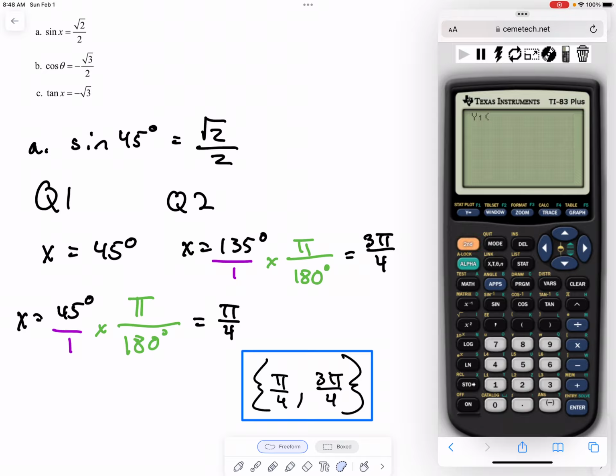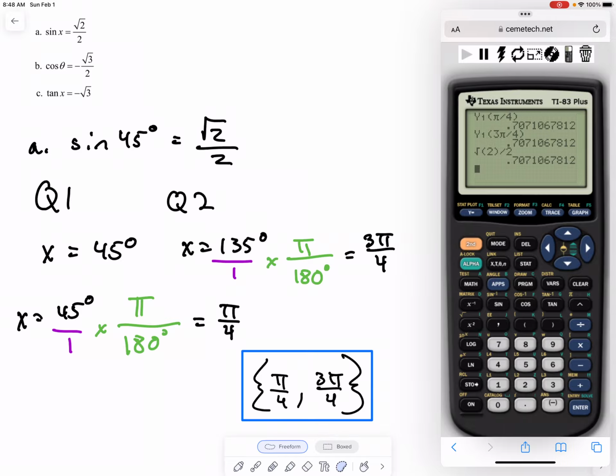We should get a decimal. Let's go ahead and do 3 pi over 4. We should get the same decimal. And then let's confirm that that is indeed root 2 over 2. All right, so we can be confident in those results from 0 to 360 or 0 to 2 pi.